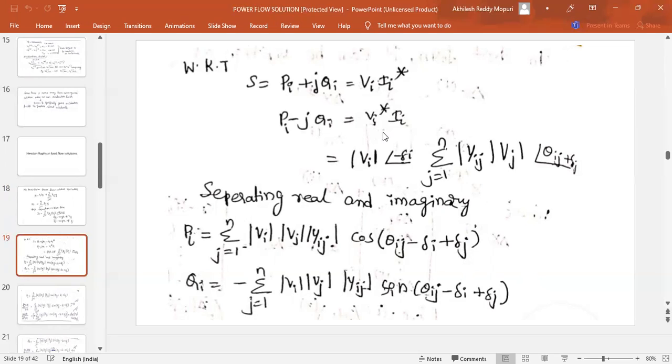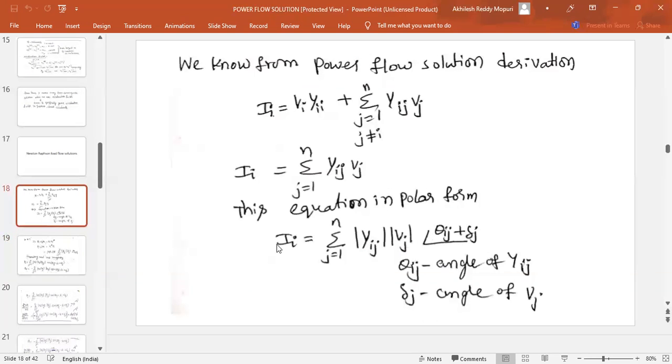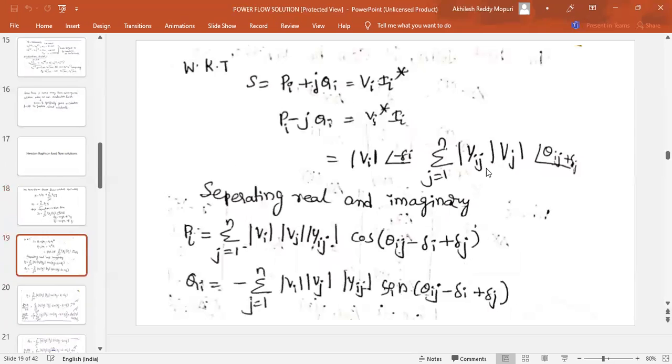Since here we had Vi conjugate, Vi can be written as modulus of Vi at an angle of minus del i. Ii we had just now derived: Ii is equal to summation j equal to 1 to N Yij Vj at an angle of theta ij plus del j.